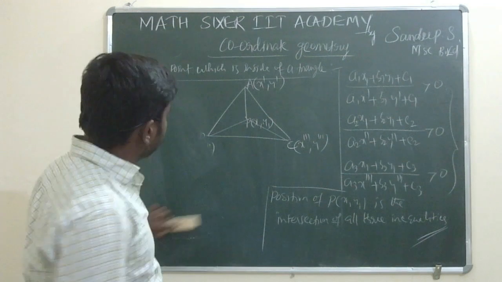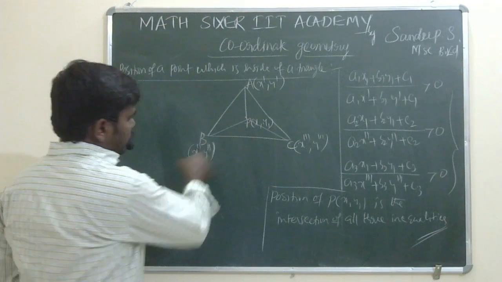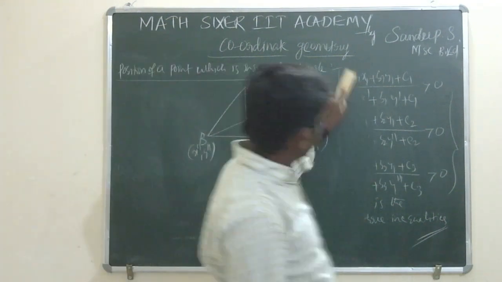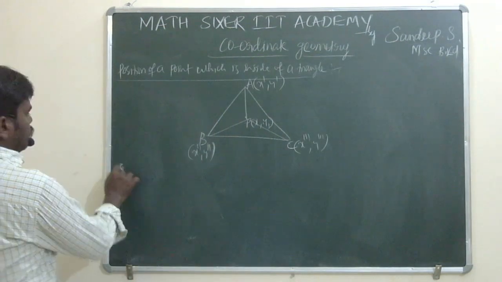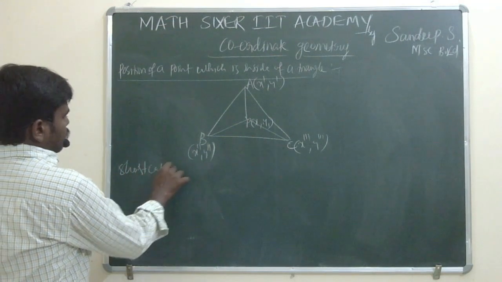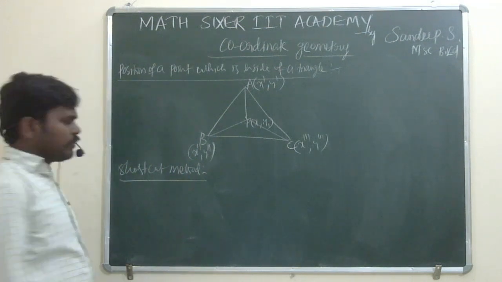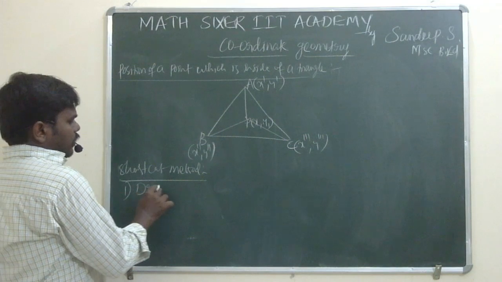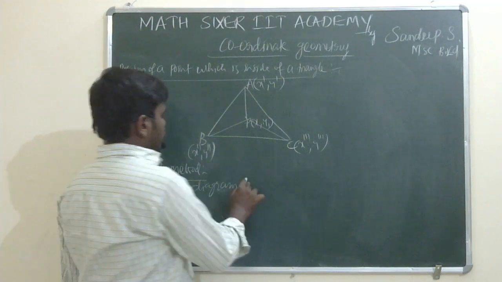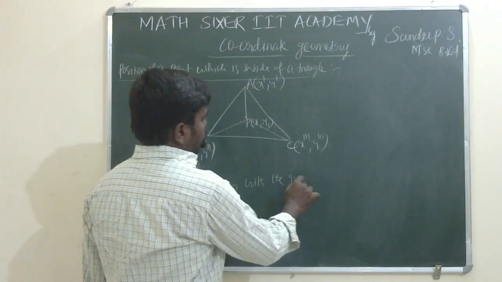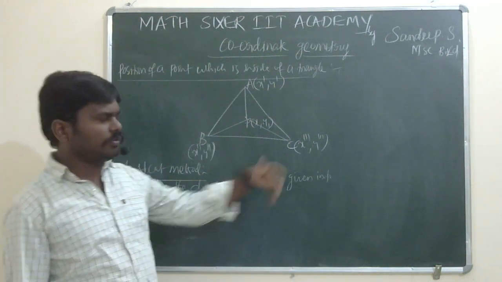So here, let me take the same diagram. In the shortcut method, what we have to do is, first, draw the diagram with the given information. Okay, first we have to draw the exact diagram of the given information.